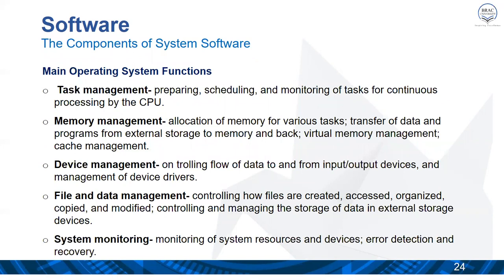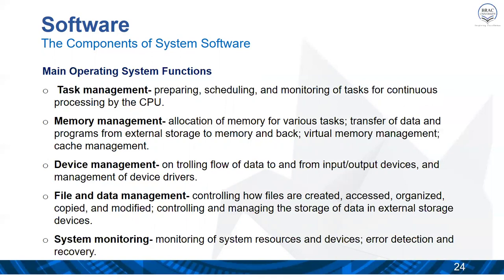So if we want to summarize the main functions of an operating system, they are as follows. The task management, that means preparing, scheduling, monitoring of tasks for continuous processing by the CPU.